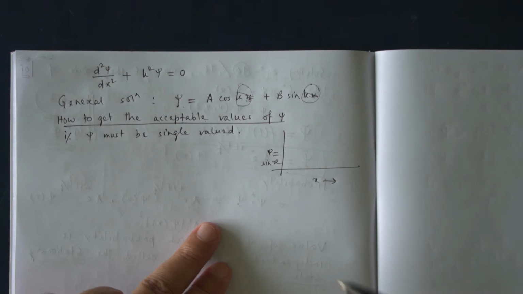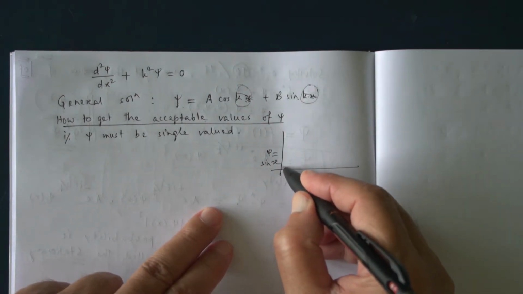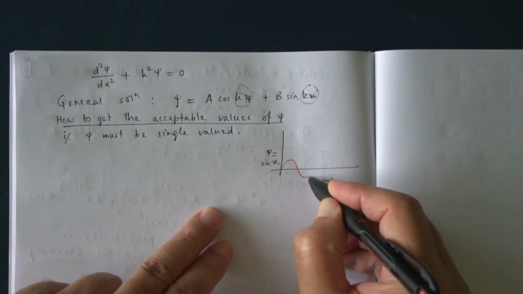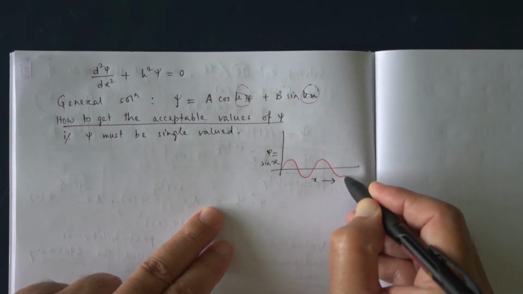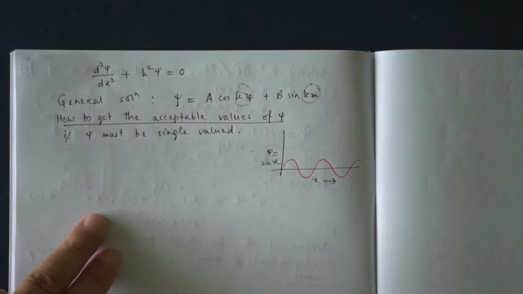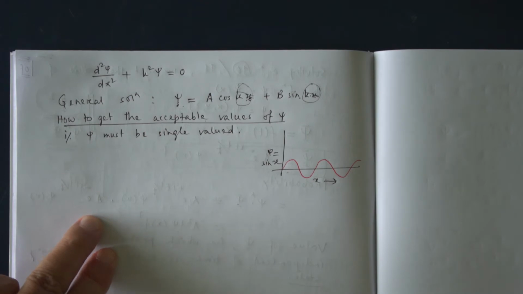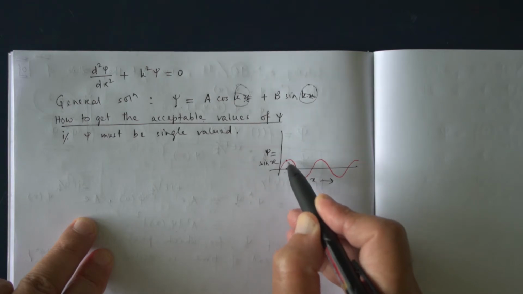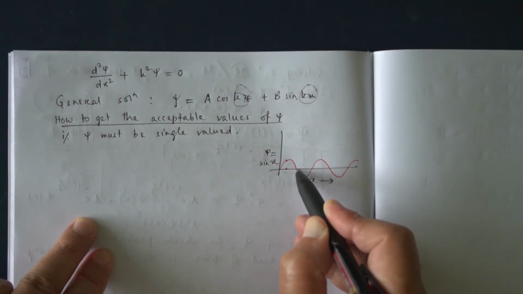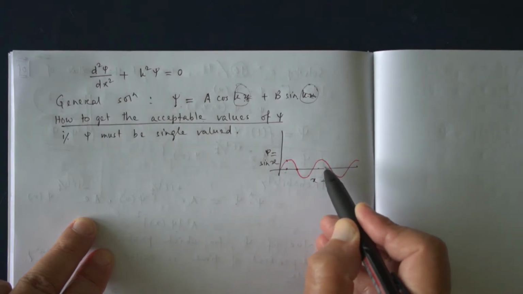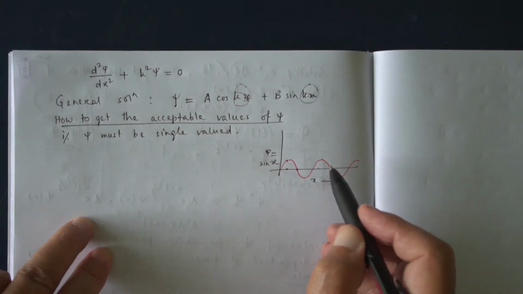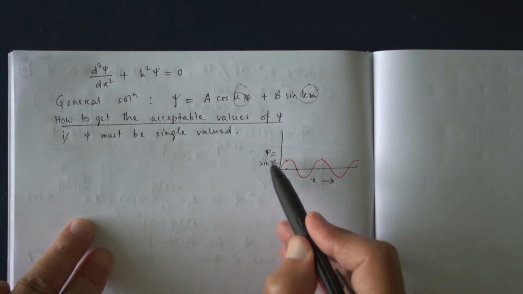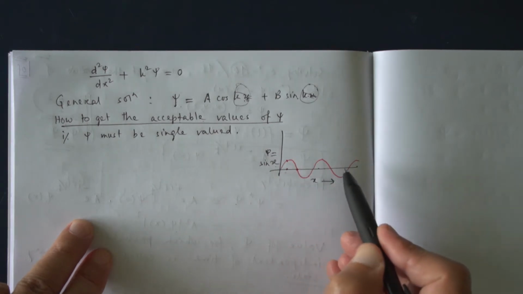If we draw this graph, we will get a graph like this. So here you see, for a particular value of x, we are getting a particular value of psi. For a definite value of x, we are getting a definite value of psi. So this function psi equal to sin x is single valued.